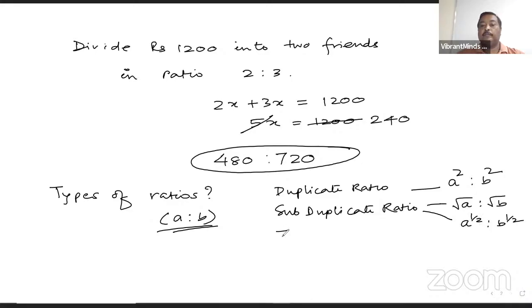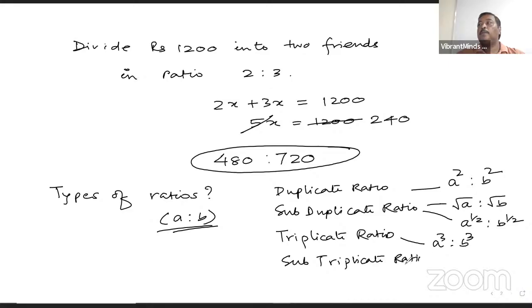Similarly, we have triplicate ratio. Triplicate ratio is what? A cube is to B cube. Also, we have sub-triplicate ratio.